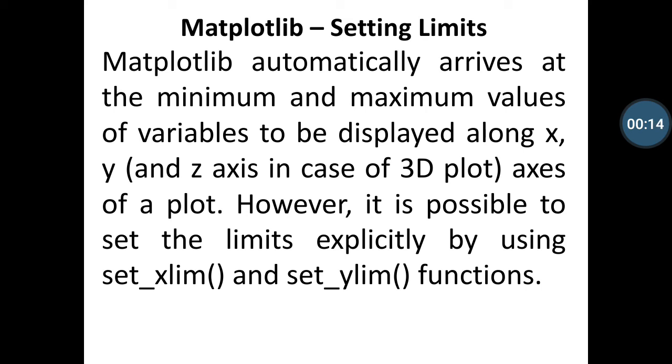So we can use the previous lecture on matplotlib using the grid method, and now I am presenting matplotlib setting limits. Basically, matplotlib automatically arrives at minimum and maximum values of variables to be displayed along the x-axis and y-axis, and z-axis in the case of a 3D plot.